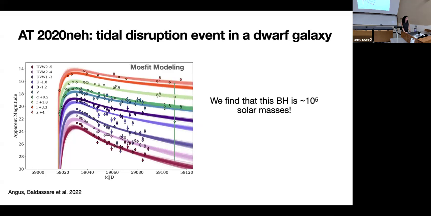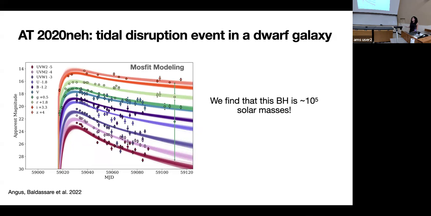So there was a flare in this object that we found with the Young Supernova Experiment data. And based on the modeling of the light curve, we're able to infer that this black hole is around 10 to the 5 solar masses, so 100,000 times the mass of the sun. And again, this is in a dwarf galaxy.